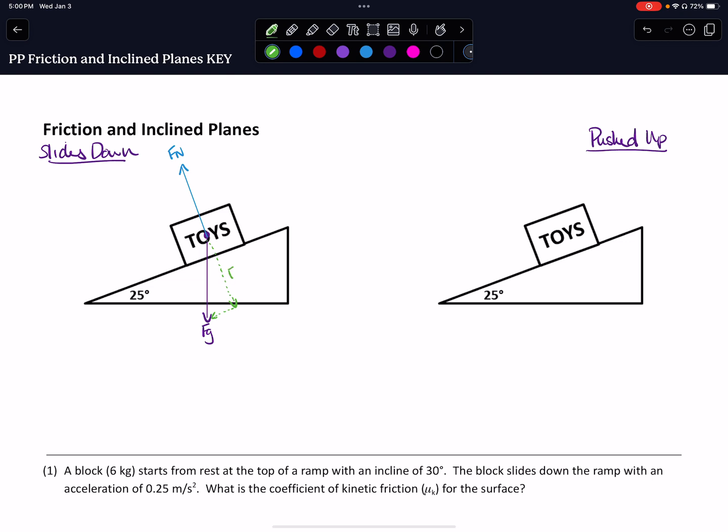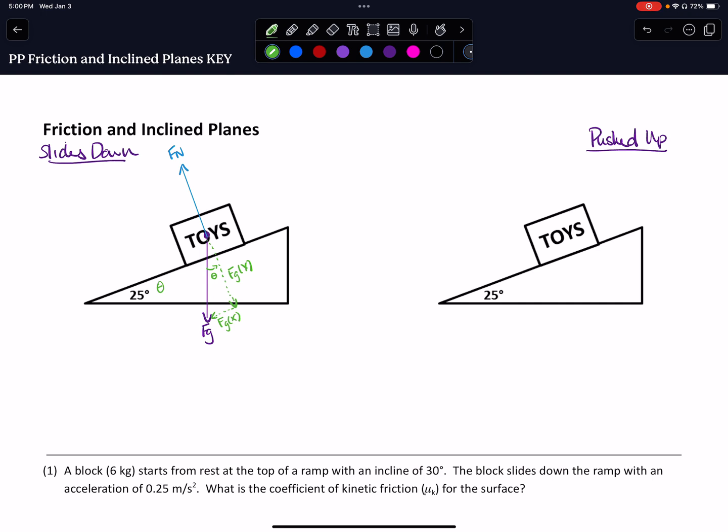We have the downward y component of our gravitational force, and then we have our x component. And remember, the incline has a specific angle. Here it's 25 degrees, but this is also known as theta. That angle sits right here in my triangle that adds my two components up to that resultant value. So this is what our inclined plane problem forces look like.